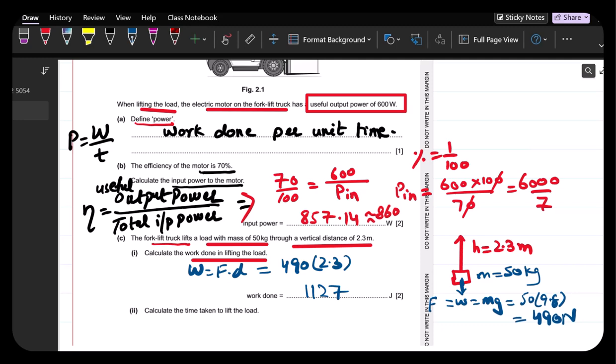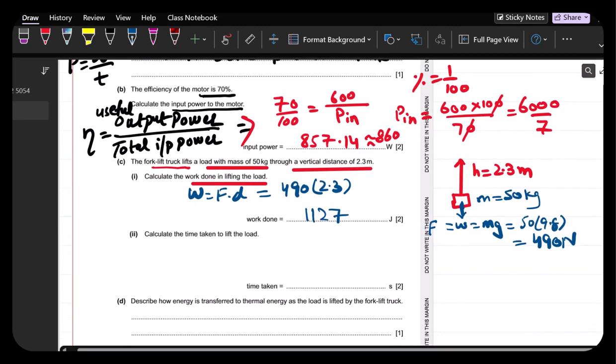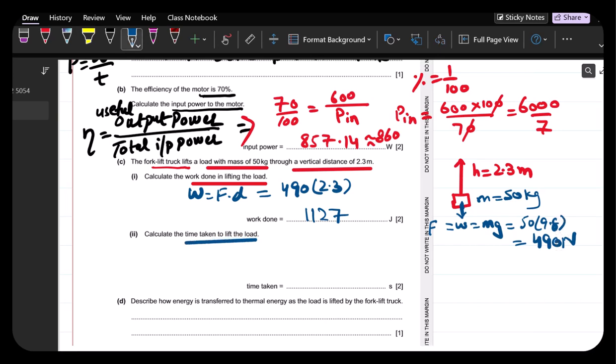So moving towards the next question, calculate the time taken to lift the load. Time taken we have to find. You know output power is equal to work done divided by time. So time is equal to work done divided by output power. Why are we using output power?